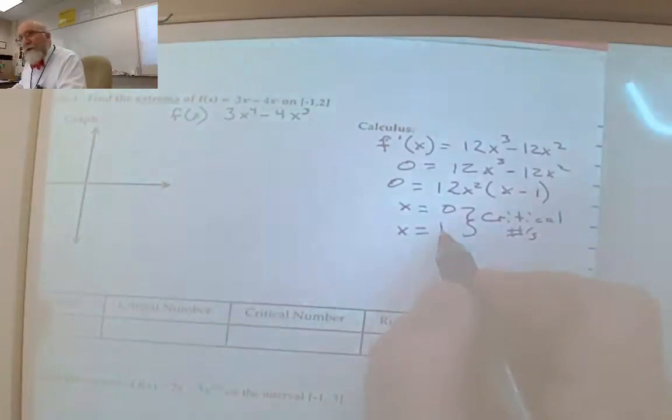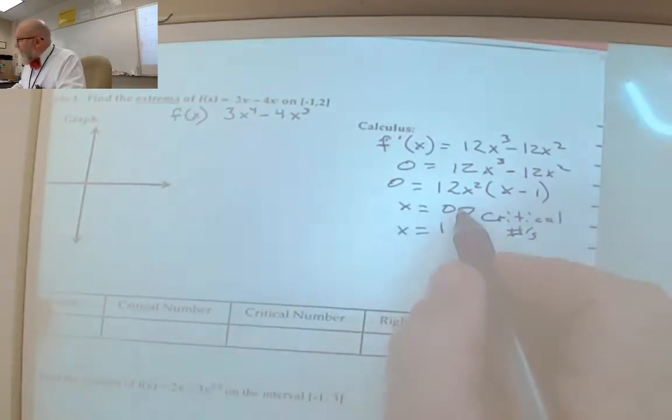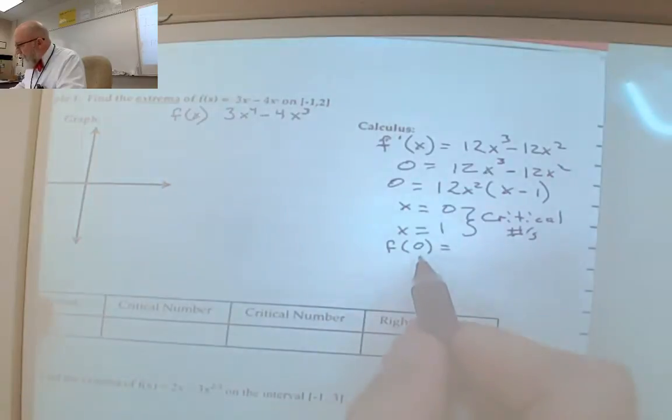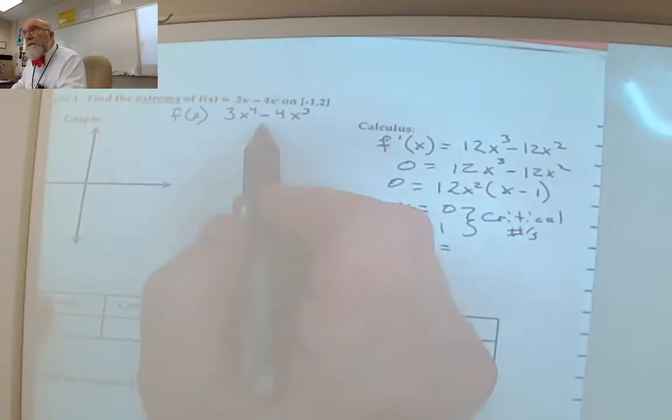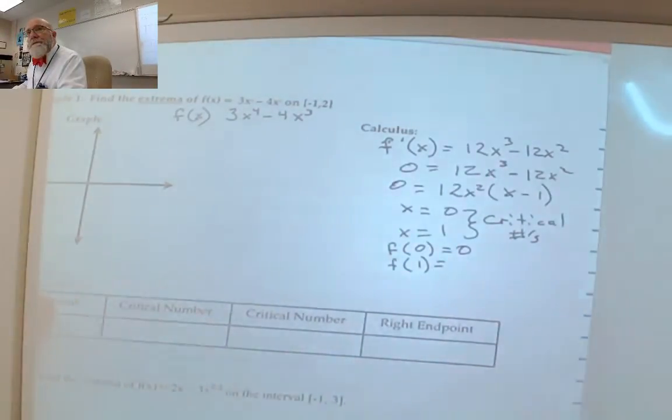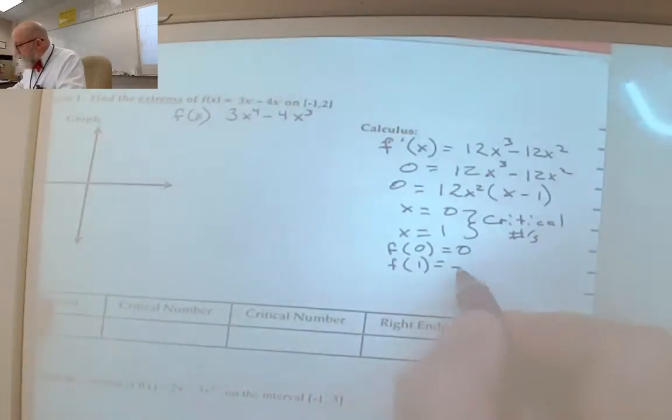So these are my c's. I have two c's, c1, c2. I'm going to plug them into my function. What do I get when I plug 0 into here? 0. What do I get when I plug 1 into there? -1.